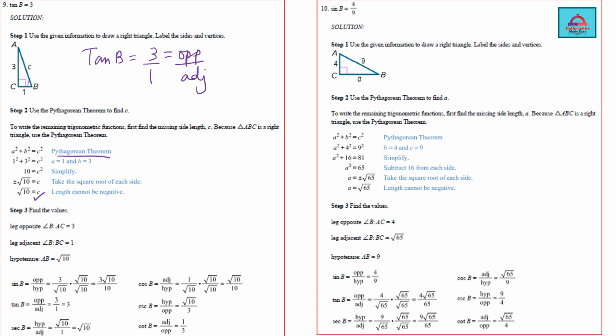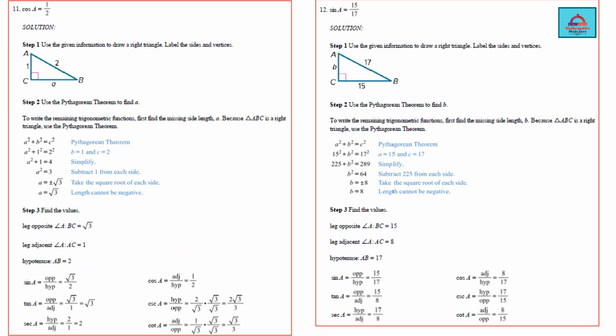Sine B is opposite over hypotenuse, so opposite is 3, hypotenuse is square root 10. You can also rationalize. This method is called rationalizing. We multiply with square root 10 in order to remove the radical sign from the denominator, and this is the value of sine B. Similarly, the other ratios can be found using their basic definitions.